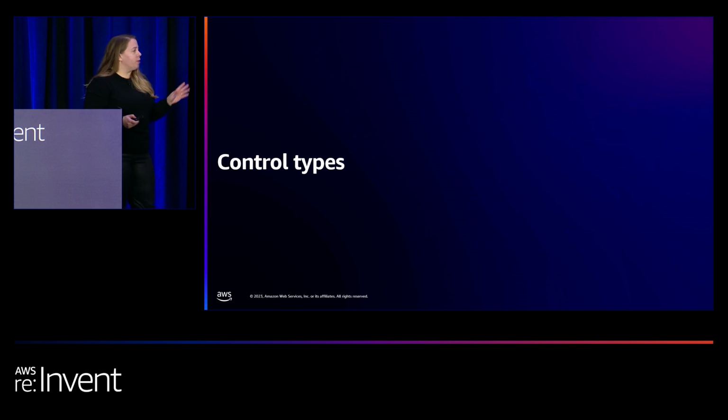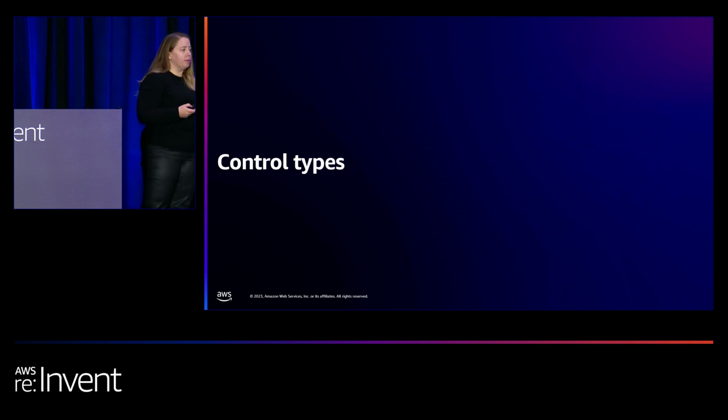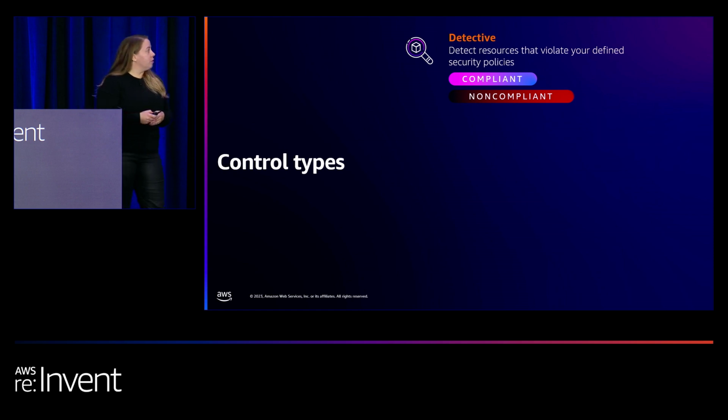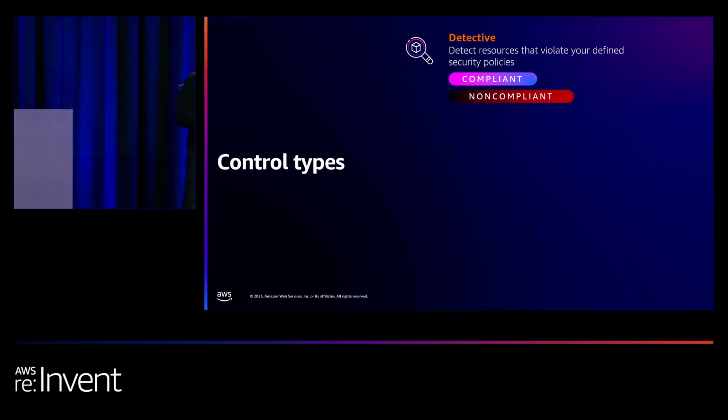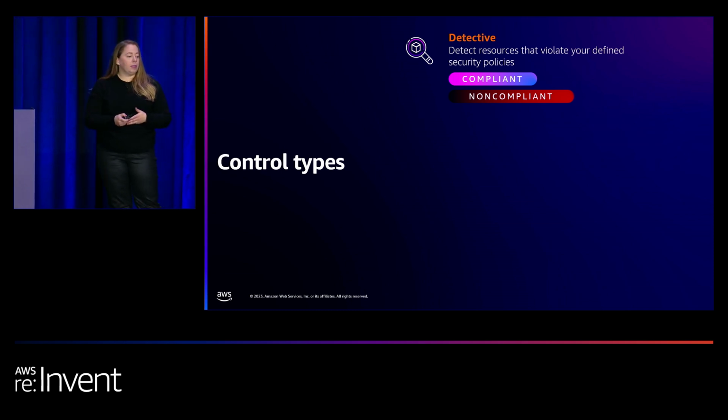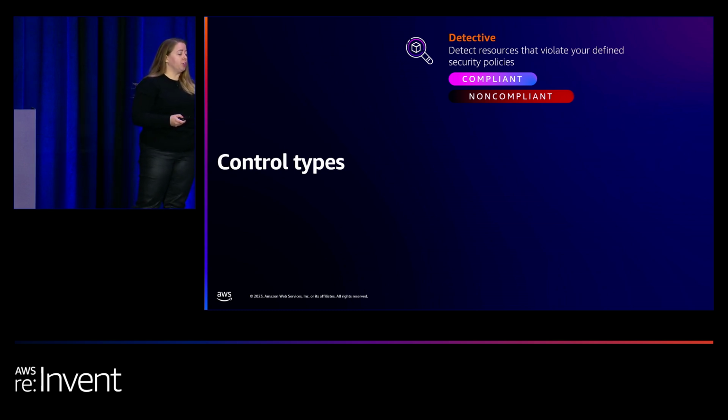Next, just a quick overview of what we consider kind of the three main control types, right? The first is actually detective controls. Detective controls under the hood are typically AWS Config rules. You'll also hear these talked about maybe as Security Hub checks. And these really help you detect resources that violate your defined security policies.